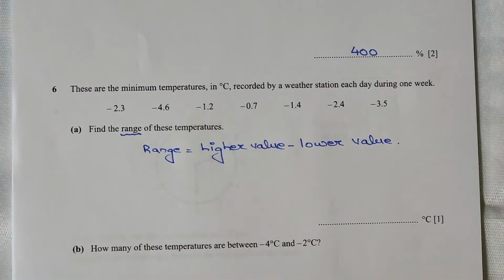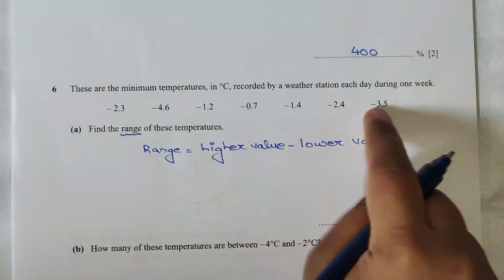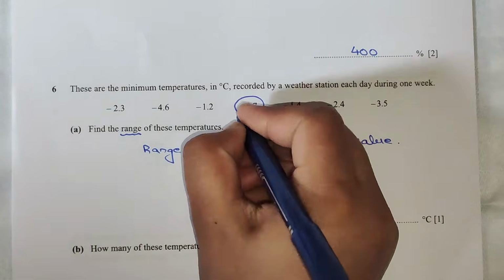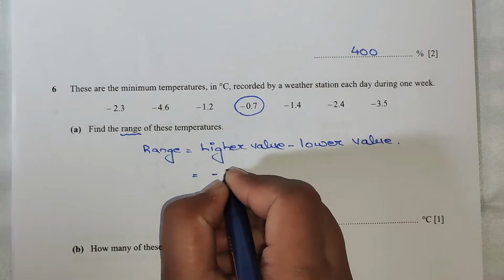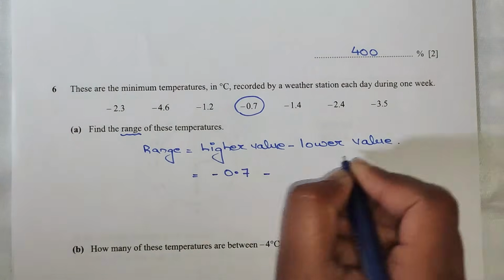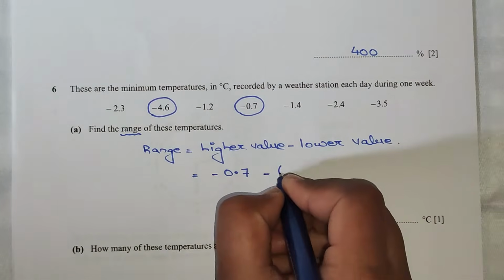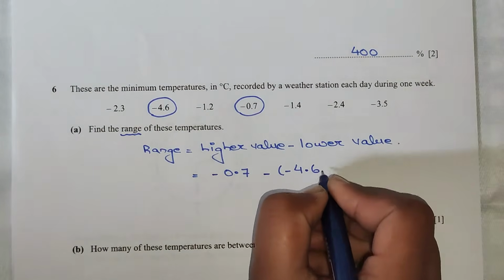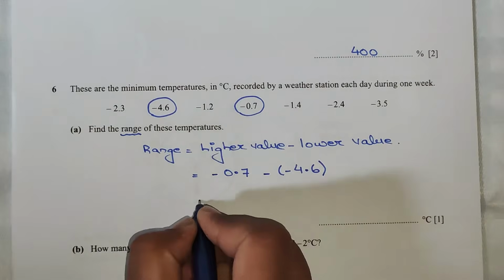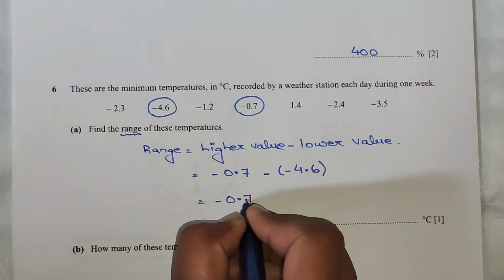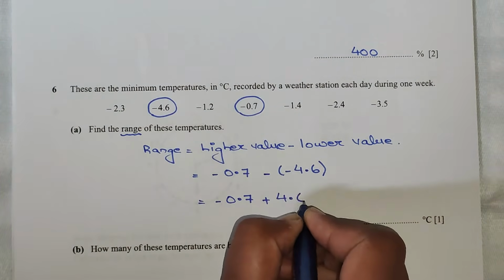So which value is the highest value? We need to find from all these values. The highest is negative 0.7. So negative 0.7 subtract the lowest value. So the lowest value is negative 4.6, right?